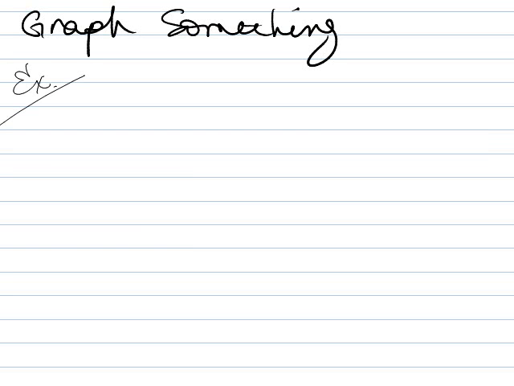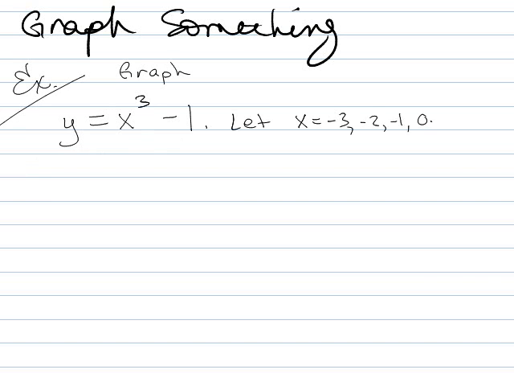So here's my little example. Say we wanted to graph this. You'll have a problem that looks something like this. It'll say graph y equals x cubed minus 1, and it'll say let x equal -3, -2, -1, 0, 1, 2, 3.